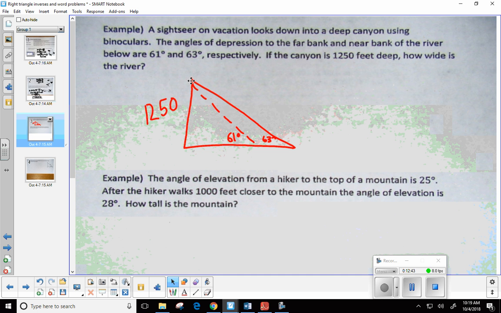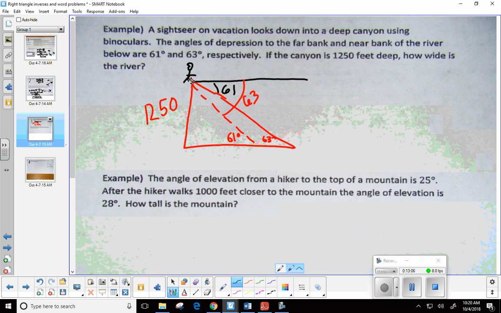Okay. And so it's like on a canyon, let's just say that you're standing right here. So your reference is going to be from right there. And so this is going to be your 61 because it's your angle of depression that goes down. And then the 63 is going to be this bigger one as it goes down.